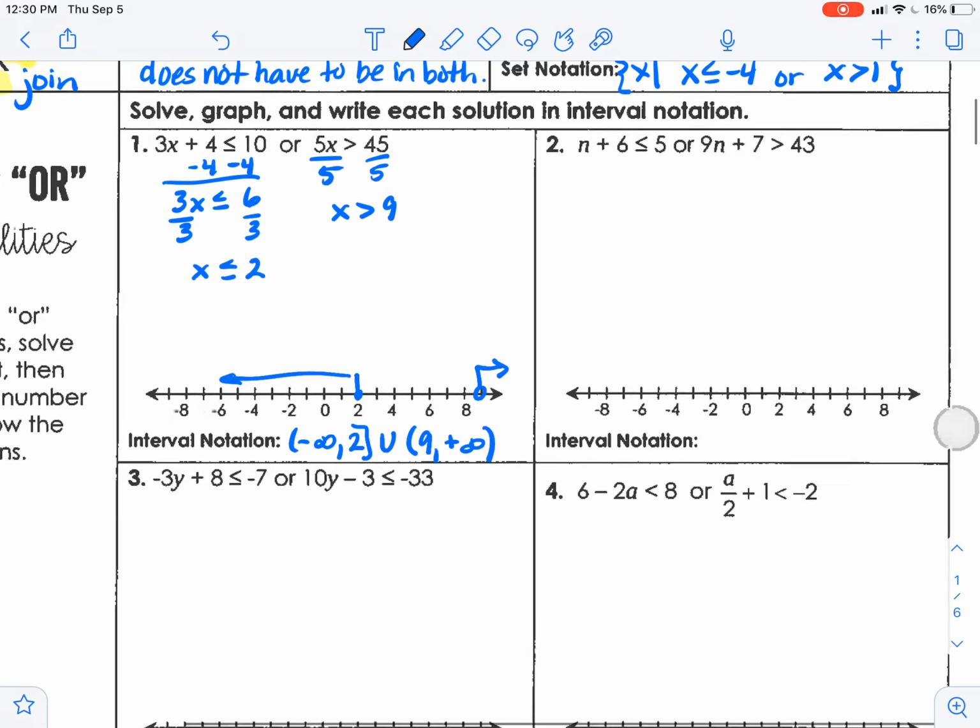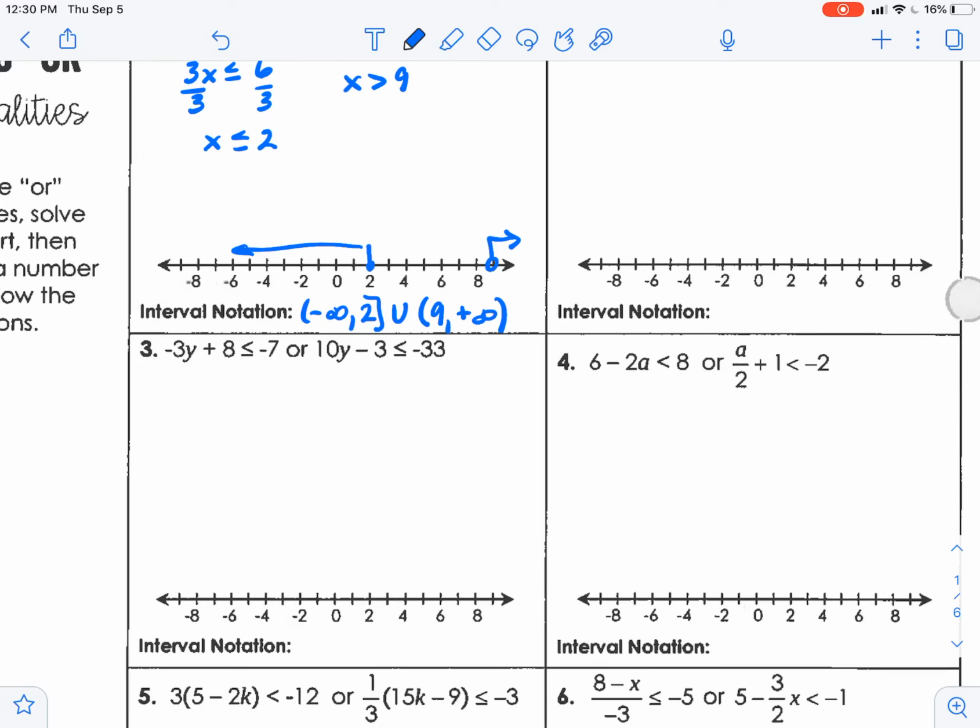So I'll run through another one. We'll do number 3. So minus 8, negative 3y less than or equal to negative 15. Now I'm dividing by a negative, so remember what the rule is there. I have to flip the sign. Or, and I didn't put that word, but we should always put the word or in there.